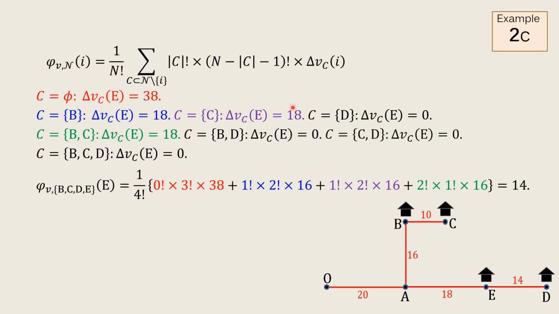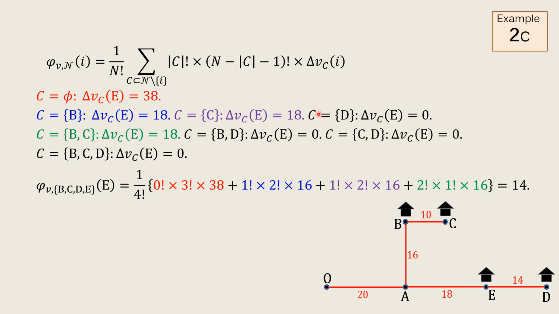Now let's compute the Shapley value of the same agent using the analytical expression. The first row contains all the coalitions with 0 agents. That's only the null coalition.